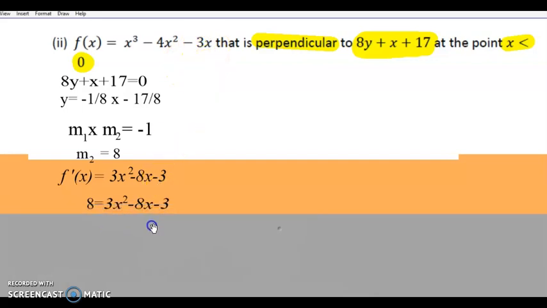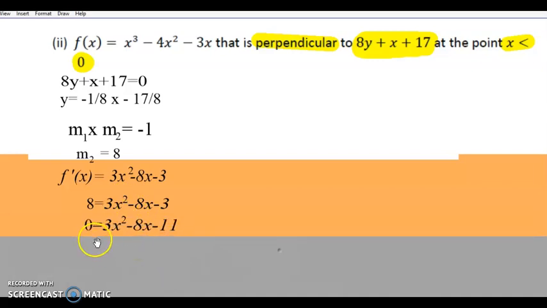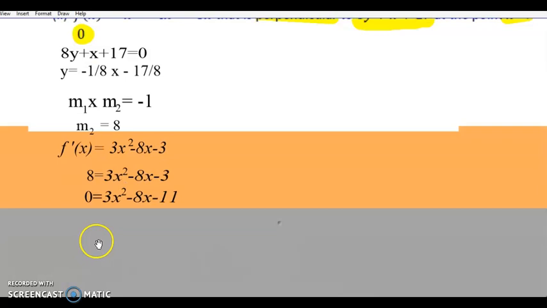Right. So I know my gradient is equal to 8. I substitute in the differentiated value of the function and I simplify. 0 is equal to 3x squared minus 8x minus 11.